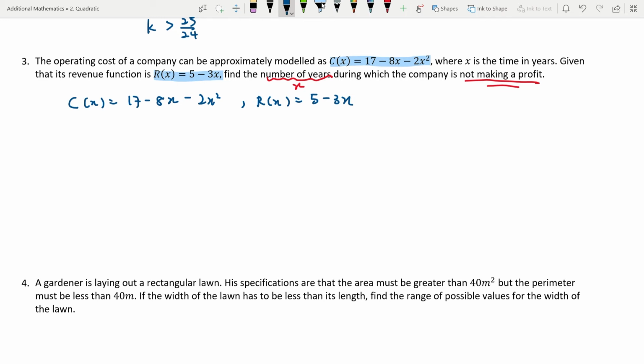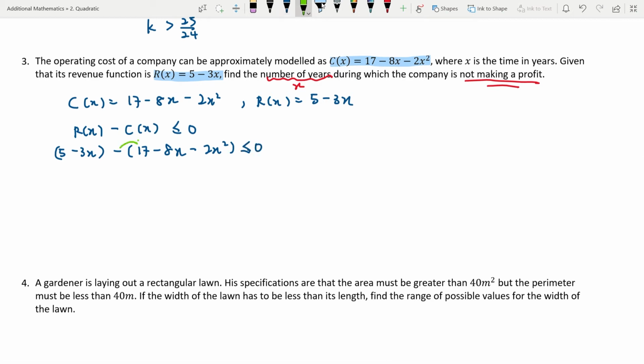In order for the company not to make a profit, the operating cost must be greater than the revenue. Hence, the revenue minus the cost is a negative number. Let's substitute in the functions: (5 - 3x) - (17 - 8x - 2x²) ≤ 0.